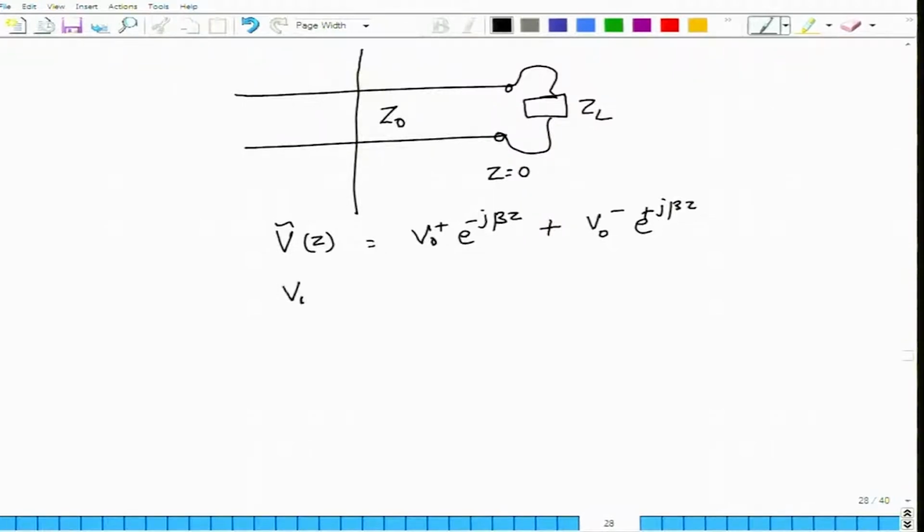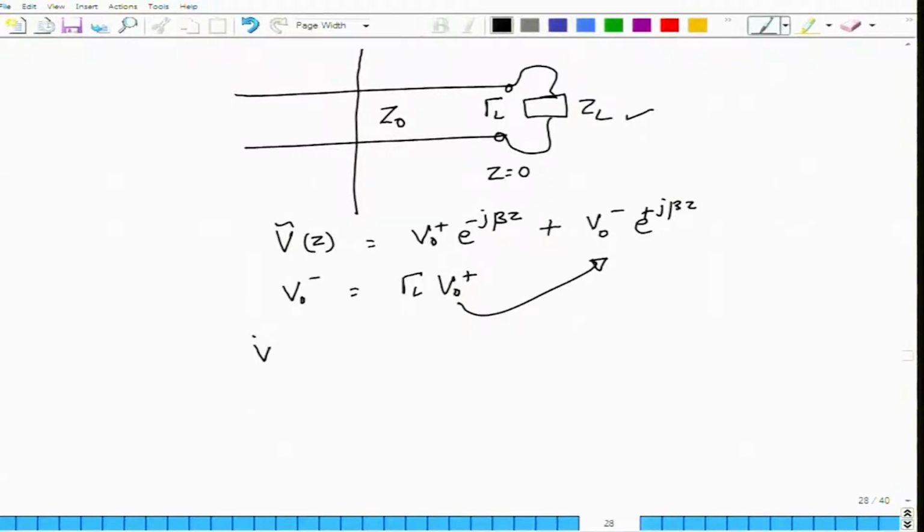But V0 minus is related to V0 plus because suppose I know what the load is. Of course, we will consider the cases where I do not know the load, but let us say because there is a load here and there is a characteristic impedance of the transmission line Z0, there will be a reflection coefficient at the load, maybe unknown, but there will be a certain reflection coefficient, which we denote by gamma L. So, V0 minus, the amplitude of the reflected voltage, is gamma L times V0 plus at the load, and you can make that substitution back into this one.